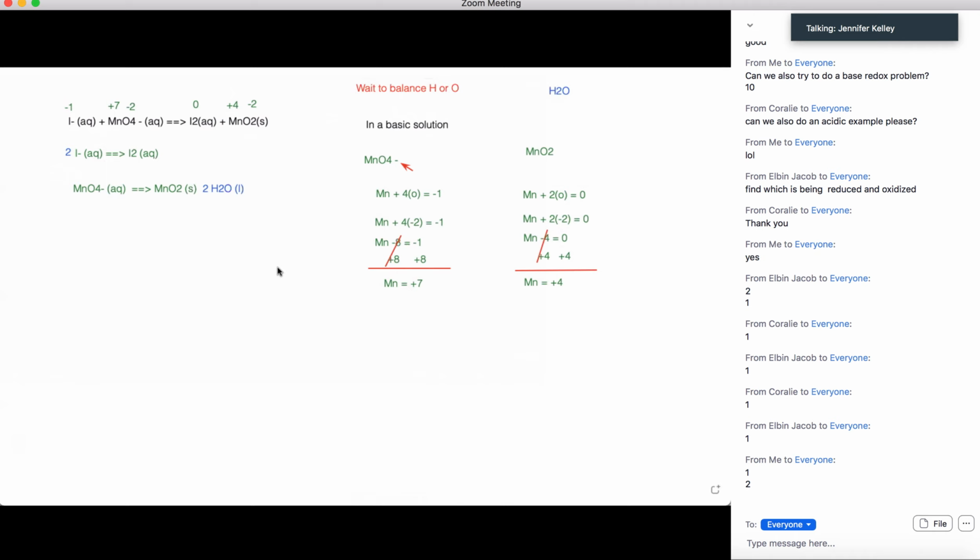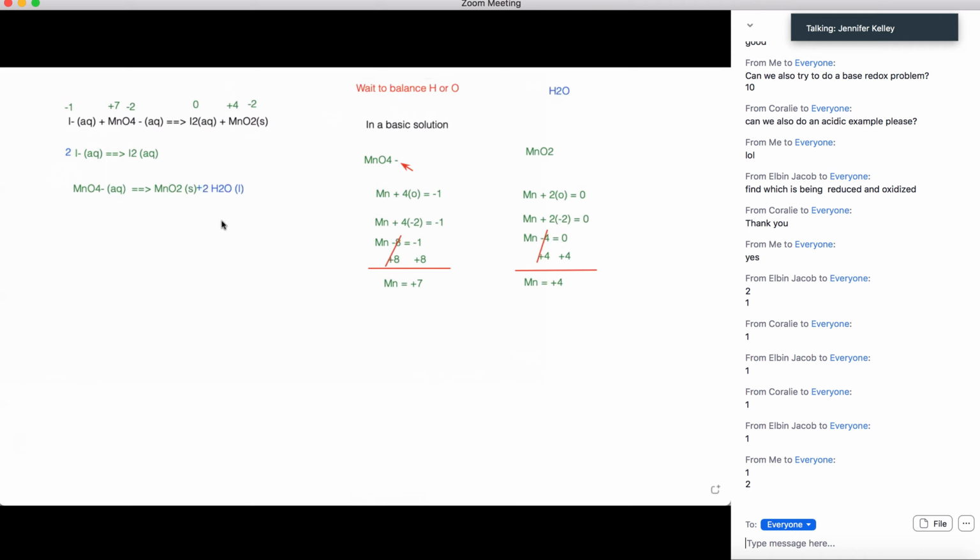We're just describing when it's a base and we have this, what is in the solution. We're not adding things to it here. All right, I need to put a plus sign. That would be nice. Okay. So now I see that the oxygen is balanced.